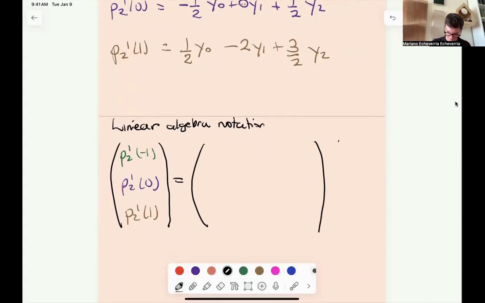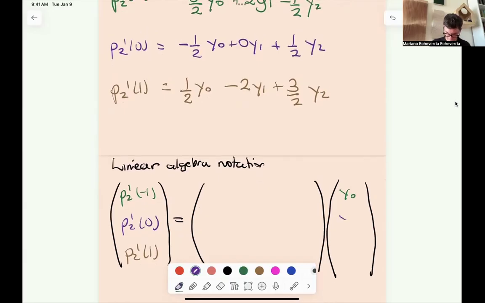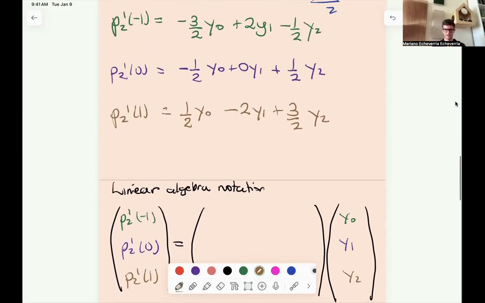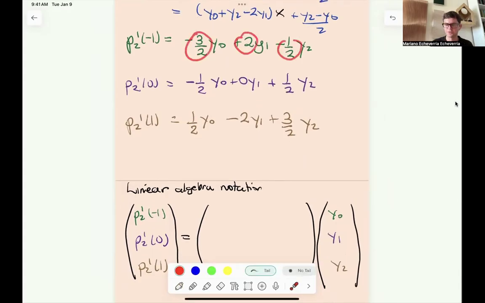So let me put here y0, y1, y2. Okay. And then the matrix is just going to be literally the coefficients that multiply each of the parameters, which you can think of as a variable.